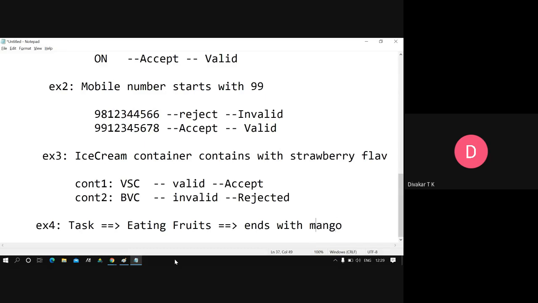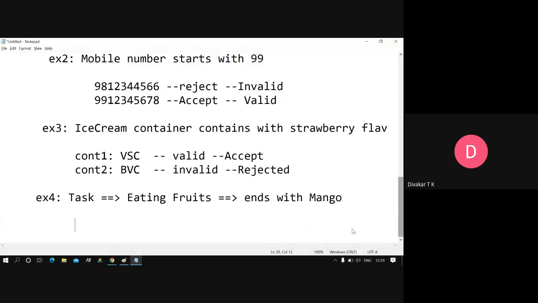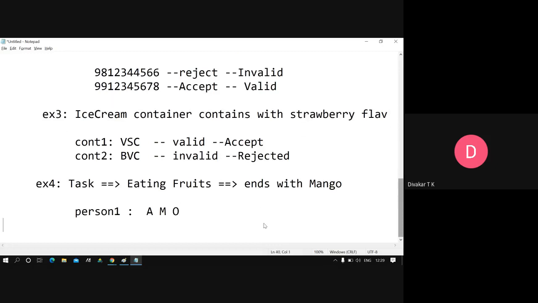Great. And imagine that two persons are there. Person one will start with first apple, next mango, then orange.